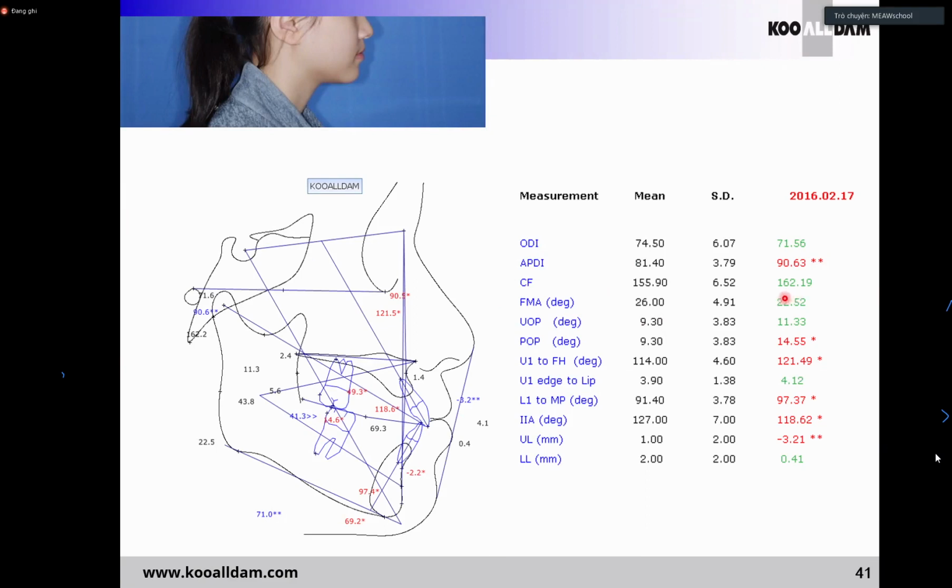Combination factor is 162. This means class 3 low angle. And upper 1 to FH 121. Lower 1 to mandibular plane angle is 97. Inter-incisor angle is 118. However, this is the E-line. Her profile is not bad, good.